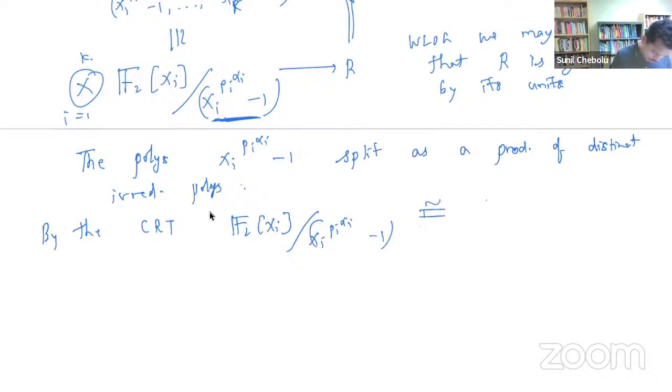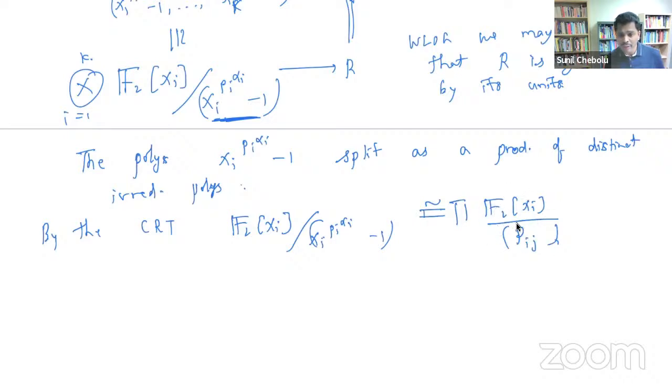is further isomorphic to a Cartesian product over the irreducible factors P_ij. So this is the decomposition of this polynomial into irreducible polynomials. This polynomial may not be irreducible, but these will be irreducible. So what is the conclusion?